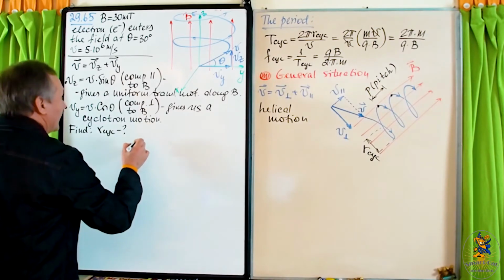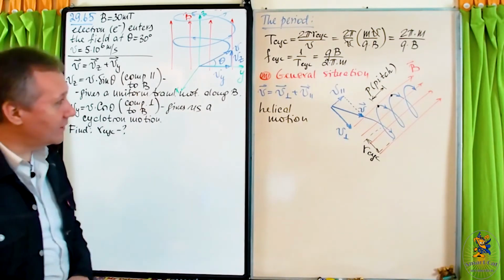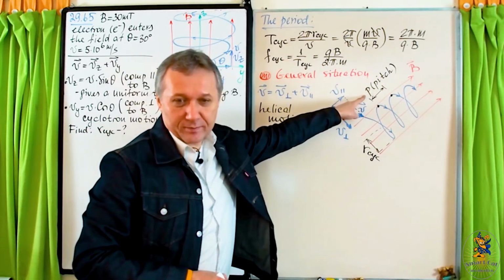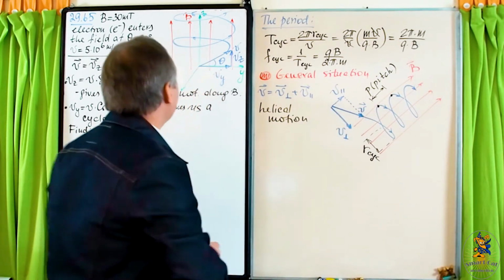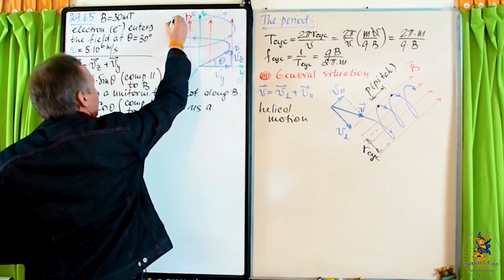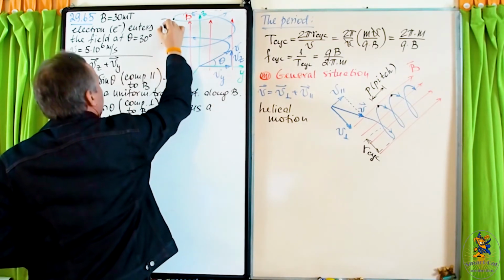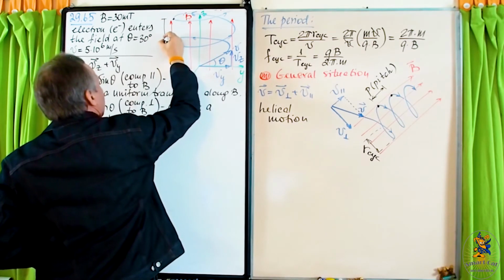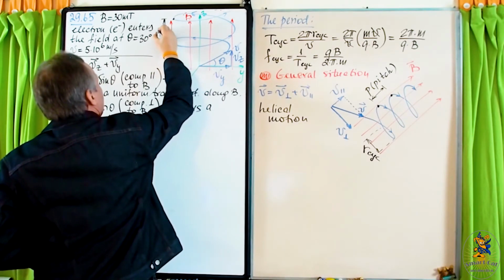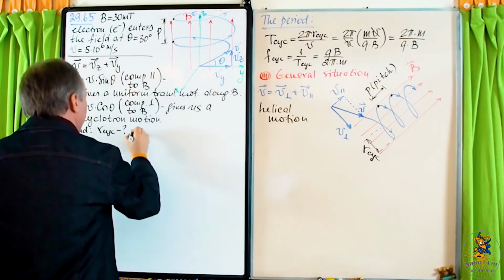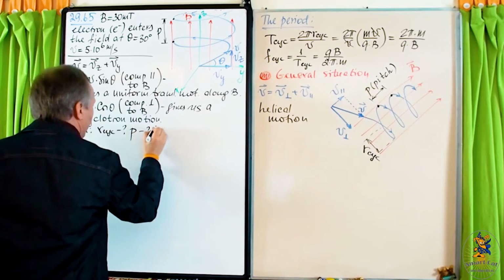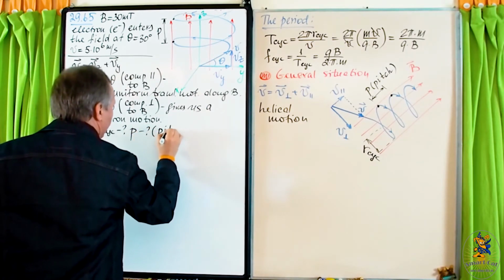And second, we will have to find this pitch. It's basically the distance between these two adjacent points. So this is P. We need to find that P, which is the pitch.